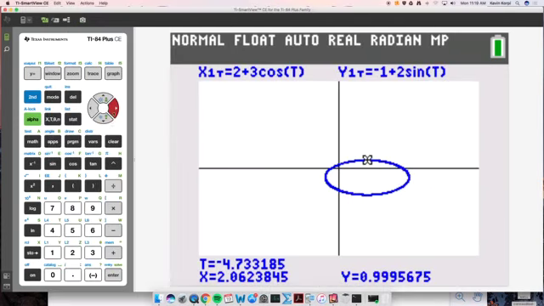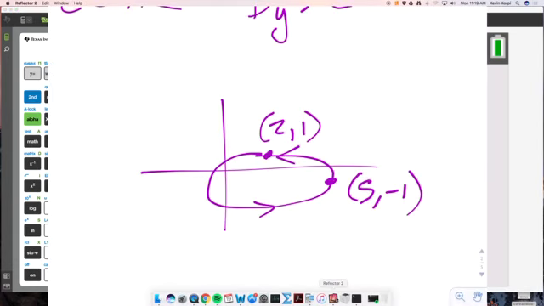And if we continue doing that all the way around, this looks like it's at (-1, -1), maybe? That'd be the leftmost point.